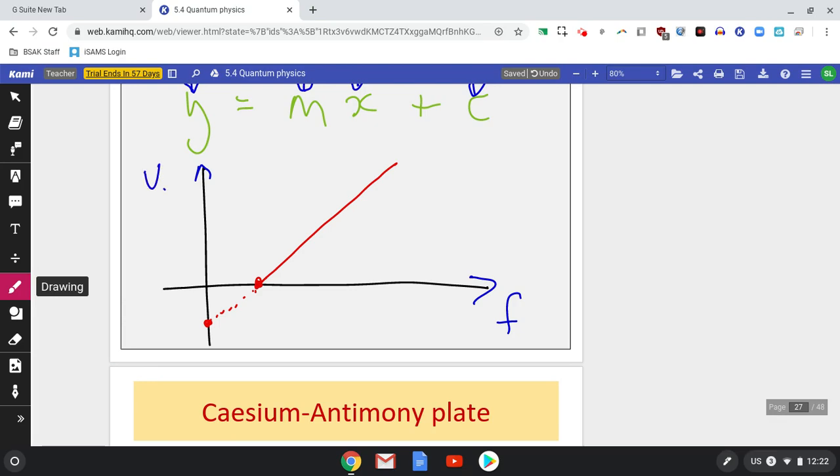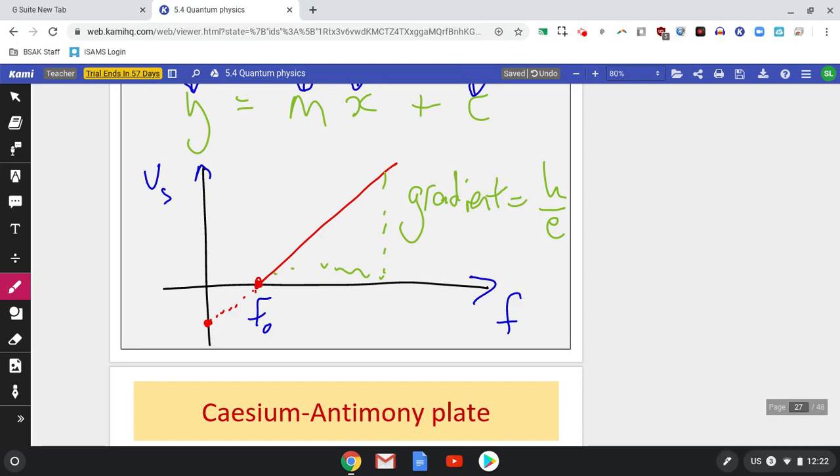That's our Vs. So this is, if you remember, the threshold frequency, and then we're going to use the gradient. So the gradient is Planck constant over the charge of a single electron.